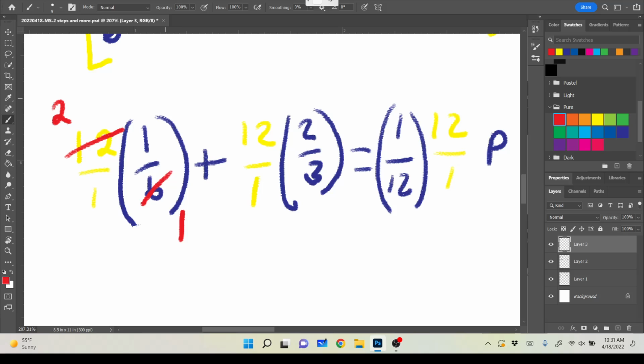Okay, before we can add, which is where we're headed, right? We're headed towards adding, right? But before we can add, we need to deal with all this yellow mess, right? So how do we deal with that? You multiply. Okay.